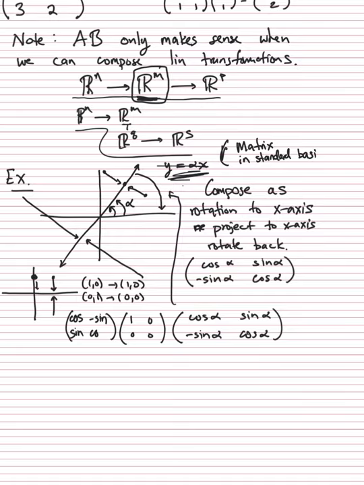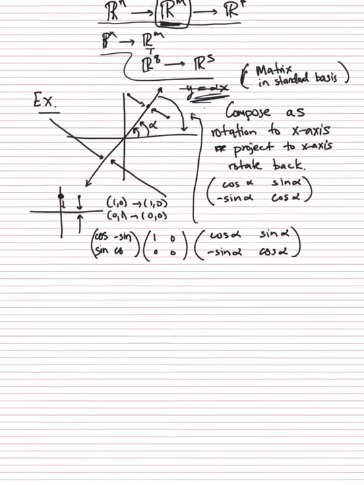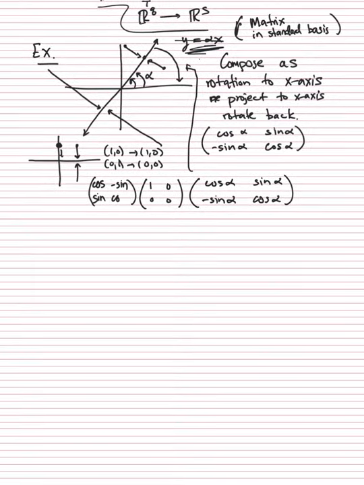Okay, so we're seeing where the standard basis vectors go. Well, you do this matrix multiplication, so let's work it out. So first I'll do these two, okay? So I'm getting cosine, minus sine, sine, cosine. And now, what does this matrix do when I multiply it out?